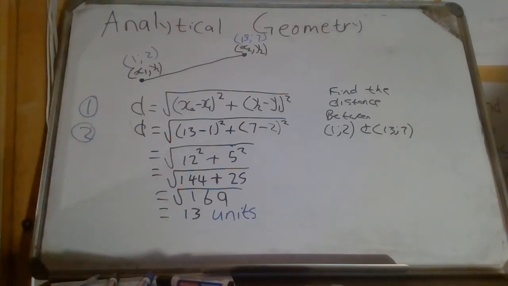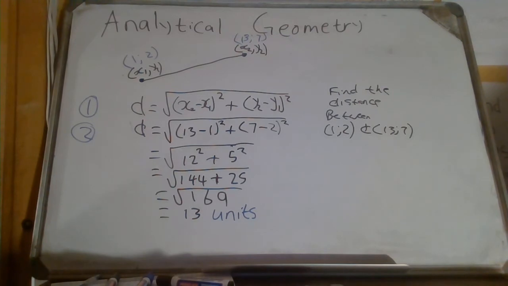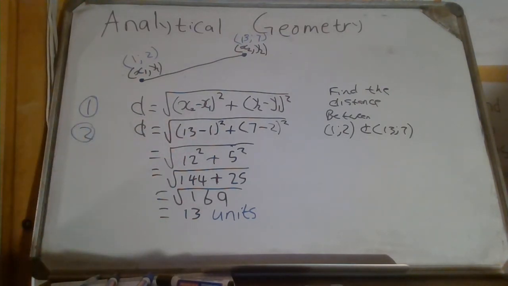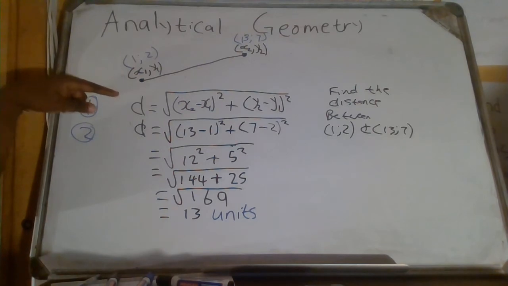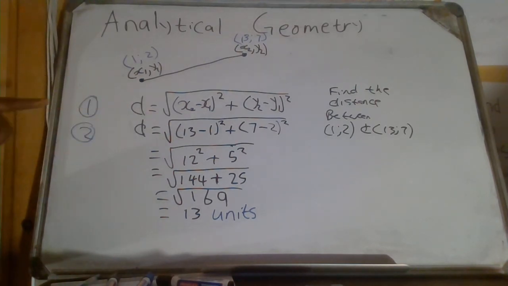I was just outlining all of these steps so that I want you to see how I ended up getting this kind of an answer. But basically, from here onward, you can just put this thing in a calculator and go straight to the answer. So that is it. All right. So we saw that the first step is to put the distance formula as it is, and then substitute, and then solve after that.